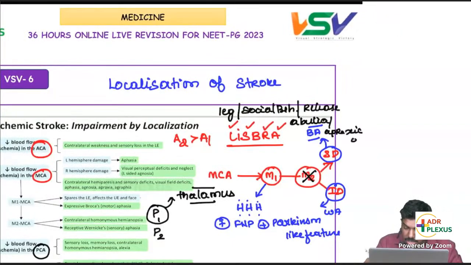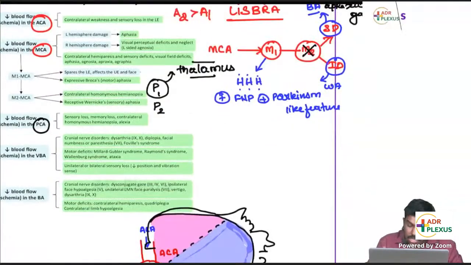So Dejerine-Roussy syndrome. What happens in Dejerine-Roussy syndrome? The patient will initially have hemisensory loss followed by excruciating pain.